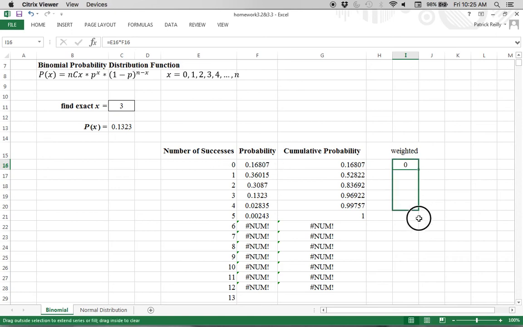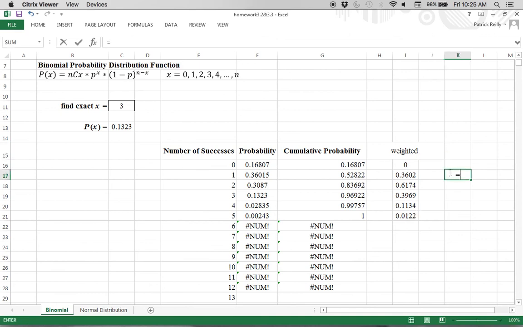All right, so let me drag this down to the 5th one. Notice 1 times 0.36 is about 0.36, 2 times 0.309 is about 0.617. All right, so now we want to add these together to get the mean. We have to add all these together.